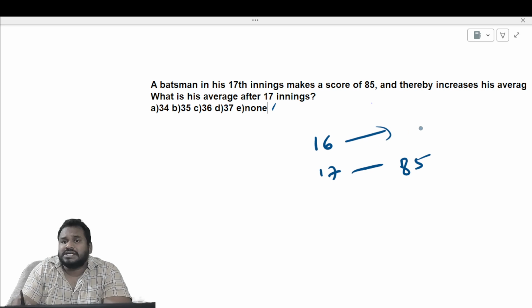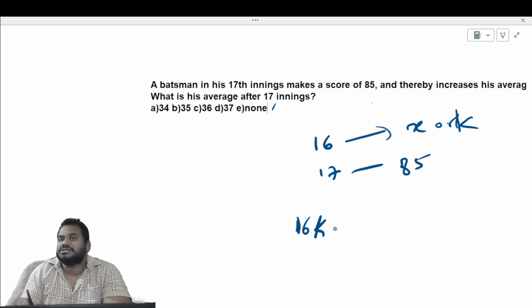Till the 16th innings, I can assume the average as K. Then his total till the 16th innings will be 16K, because average into number of matches played.